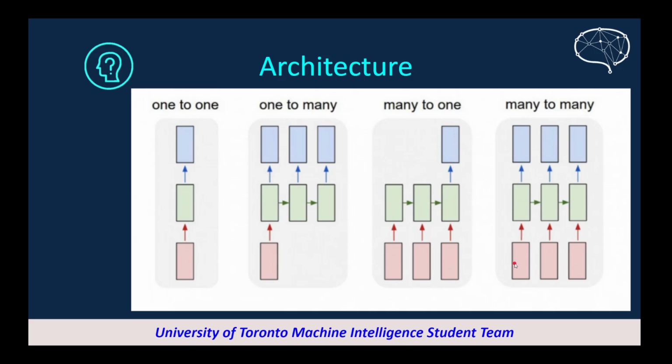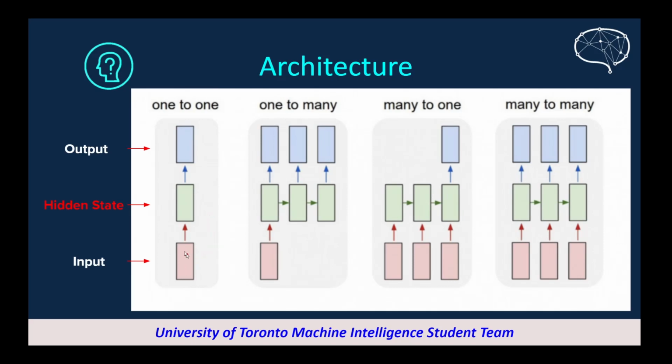And of course, we could have many-to-many. So we not only input at every iteration, we also get output every iteration. And the order of the output also matters. This is something like text prediction or translation tasks, where inputting one language at the same time is translating to another language, just as an example.